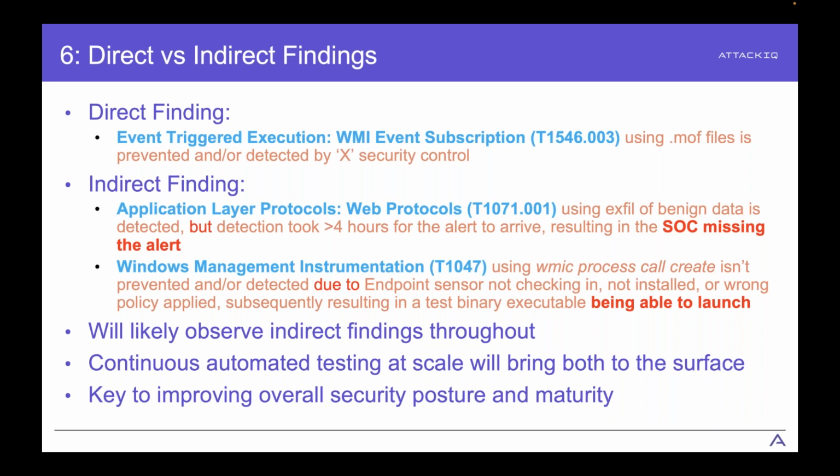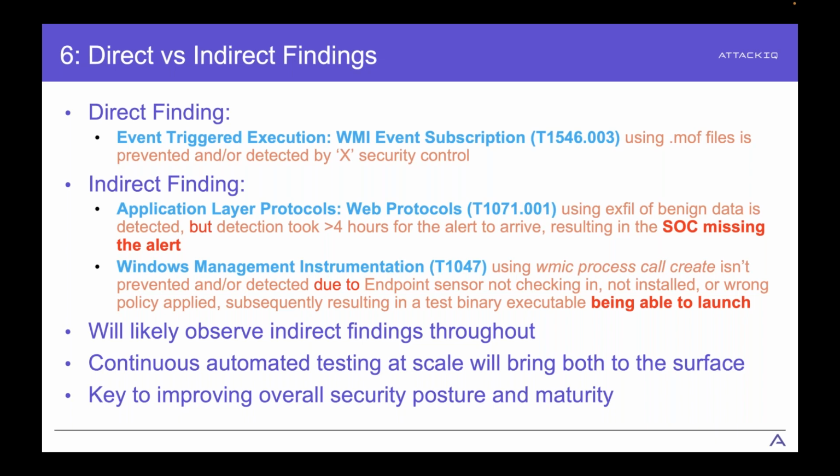Maybe there's a wrong policy that got applied somewhere along the line, or maybe there could be a bunch of other reasons, right? But ultimately, what that led to was the test binary successfully being able to launch on that particular asset. So these are indirect findings where it may not actually be the control itself that's failed to prevent or detect, but usually symptomatic of other reasons surrounding that control.